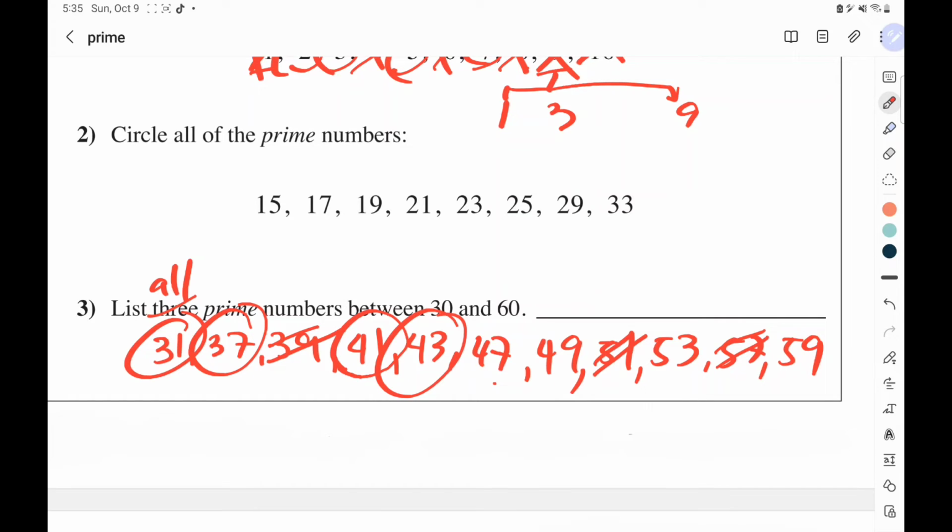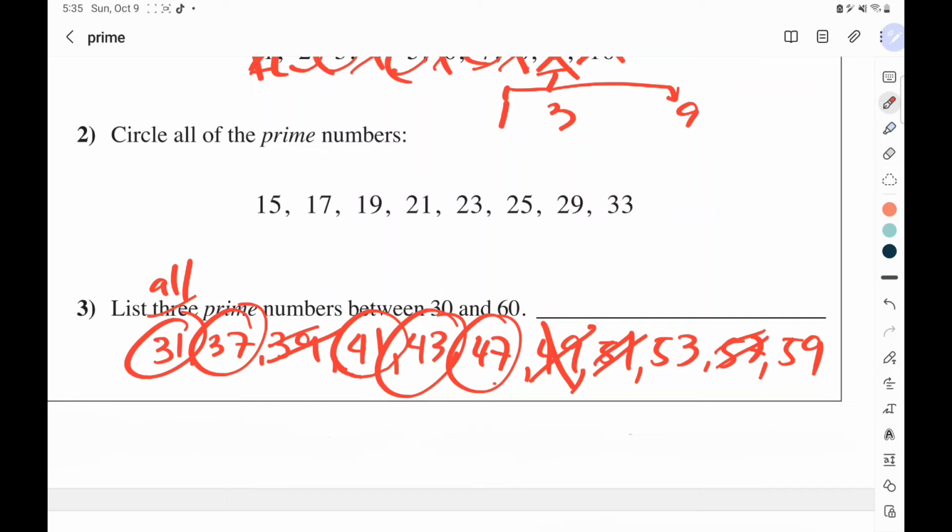How about 47? 47 divided by 7 is equal to 6. We have a remainder of 5. That makes 47 not divisible by 7, and therefore 47 is your prime number. How about 49? 49 divided by 7 is also 7 because 7 times 7 is 49. That means 49 is not a prime number.